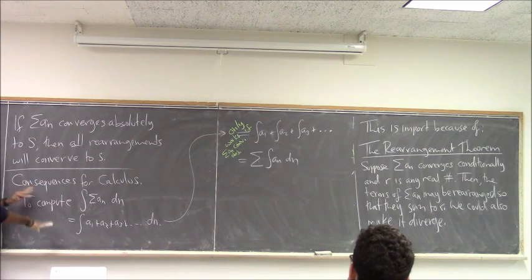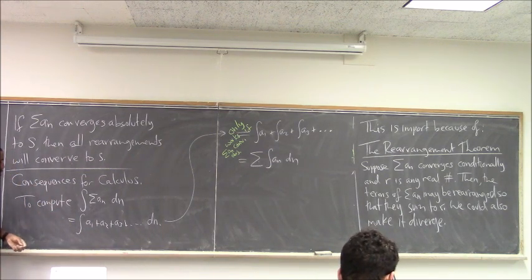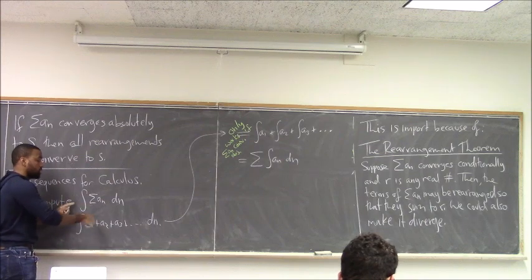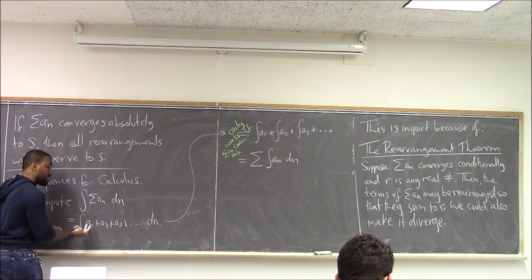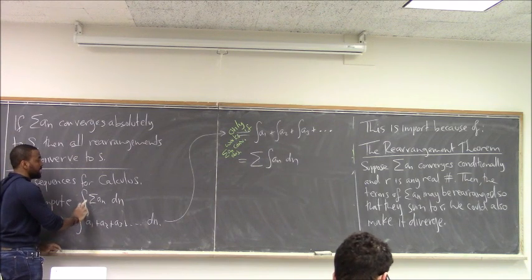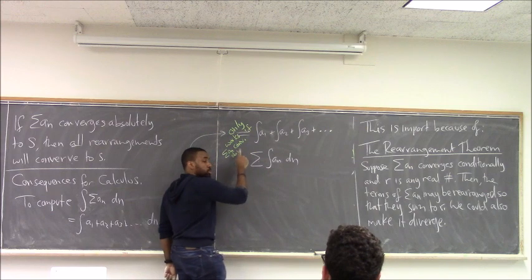Now, don't worry about when we're going to use this. There's going to come a point where we're going to want to integrate a series. In order to get that done, we're going to want to integrate one term at a time. In order to make that switch from moving the integral sign from the left side to the right side, we're going to need absolute convergence.